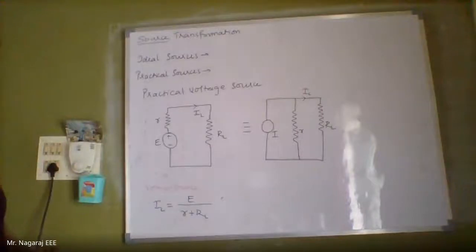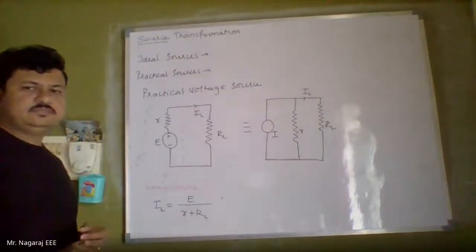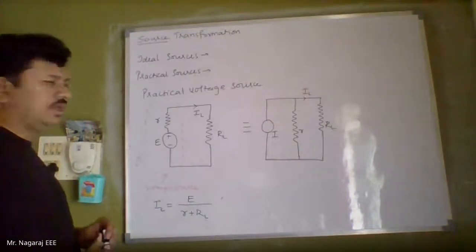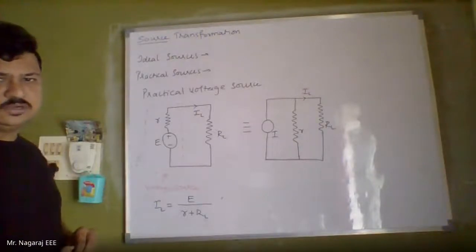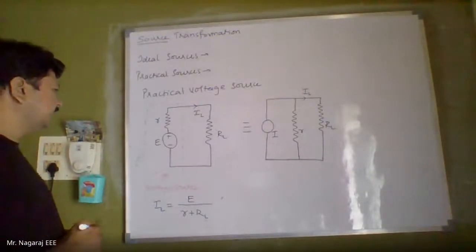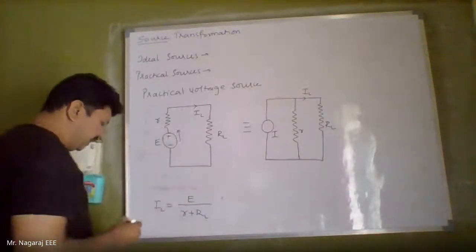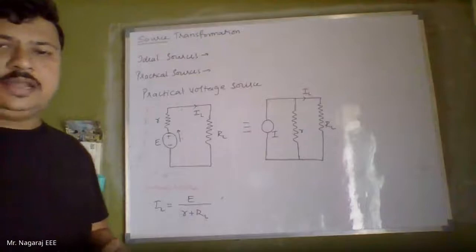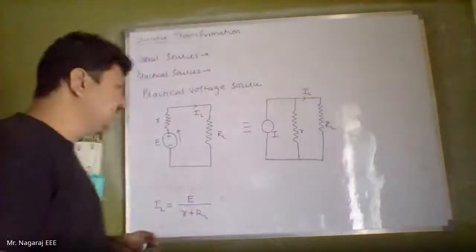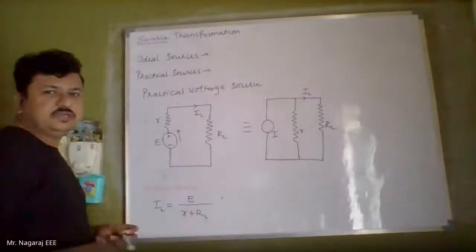Now what is the direction of the current? That is important. Observe here, the direction of this EMF is upwards. We know that the direction of voltage is as per the polarities mentioned.